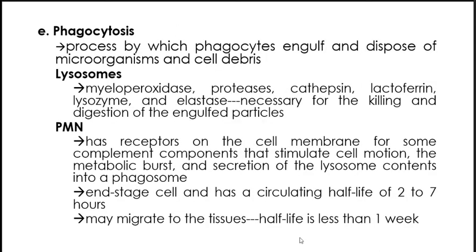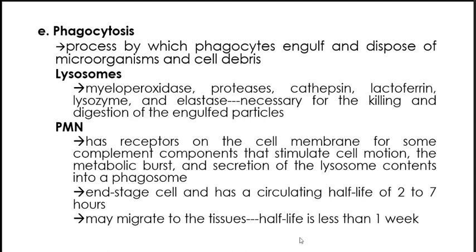So, another line of defense of the host would be your phagocytosis, which we have been talking about from the beginning, nung nasa bacterial structure pa tayo. It is the process by which phagocytes engulf and dispose of microorganisms and cell debris.